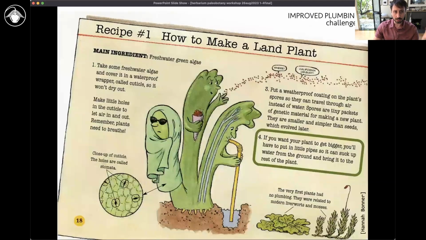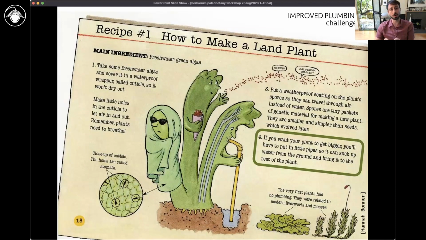So harking back to how you create a land plant from an aquatic algae moving onto land, you basically form several key innovations. When you first invade land, you develop a cuticle that's hydrophobic, which keeps you from losing water, and stomata, or ways of breathing through the cuticle, so having more direct gas and water vapor transit.